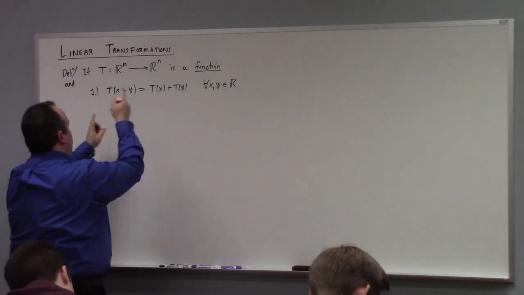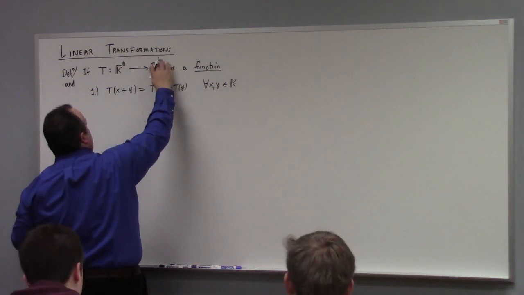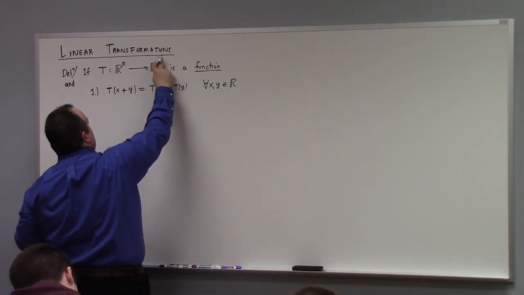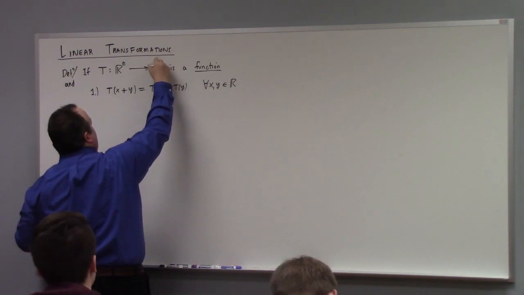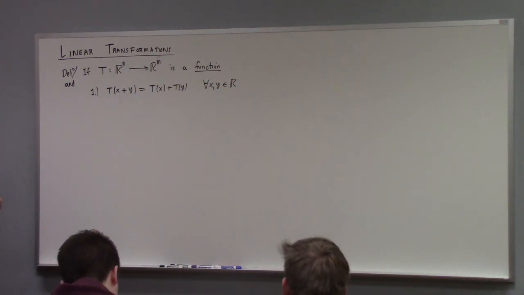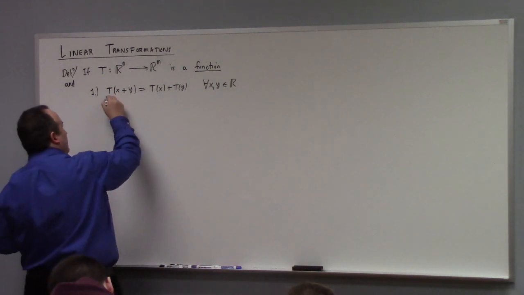Other way around, my bad, the n comes first in my usual nomenclature. The m comes second. So n as in nenu nenu, m as in mommy. So T of x plus y is equal to T of x plus T of y. This property we can refer to as additivity.